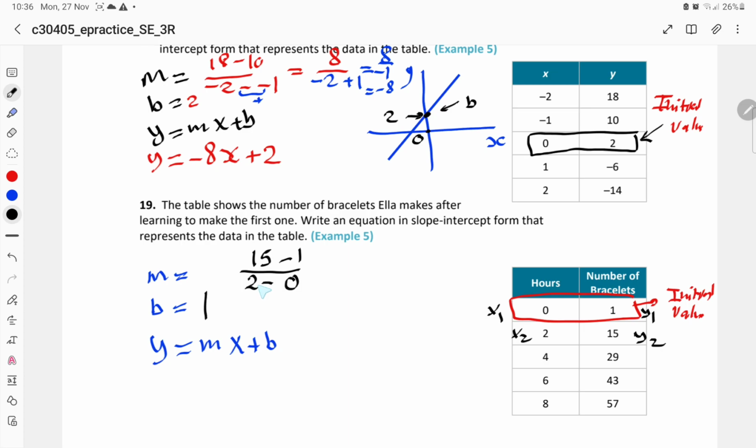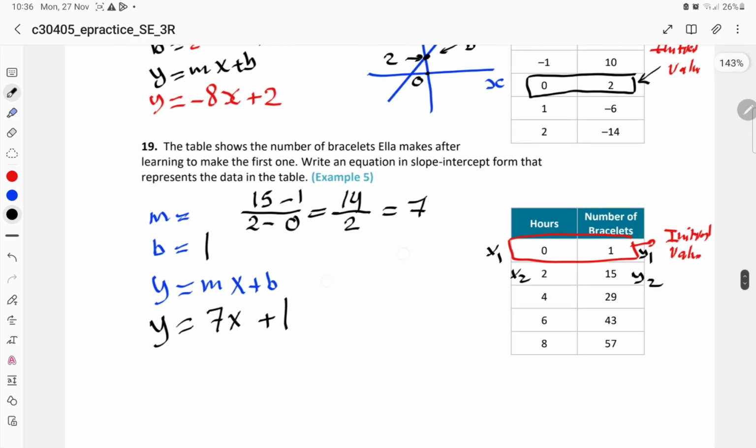Mr. Why did you start with 2 not 0? Because I started with 15. So 15 minus 1 over 2 minus 0. 15 minus 1, 14 over 2, which is 7. So now y equals 7x plus b, which is the 1. So this is my equation.